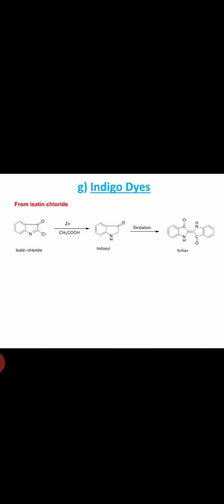The next dye is the malachite green. Again it is prepared by condensing dimethyl aniline with benzaldehyde at 100 degrees centigrade in presence of concentrated sulfuric acid. The formed compound is called leuco base, which on oxidation with lead dioxide gives malachite green by treatment of hydrochloric acid.